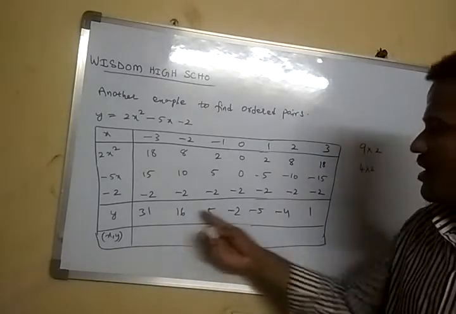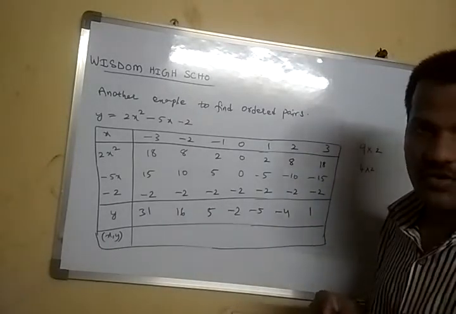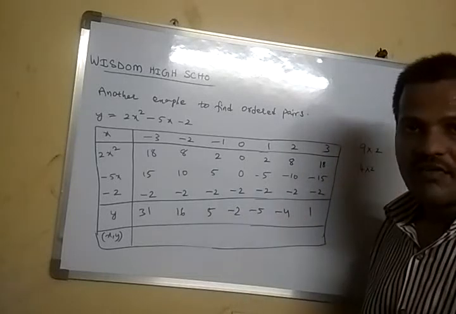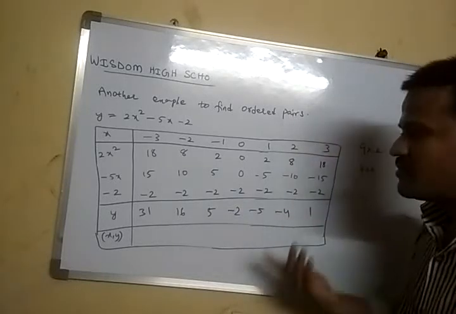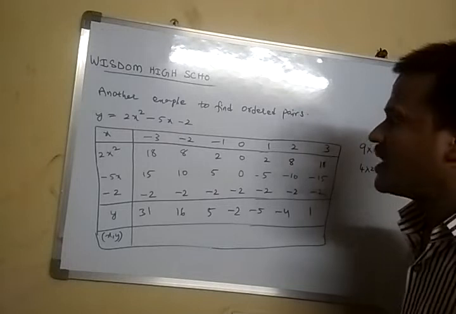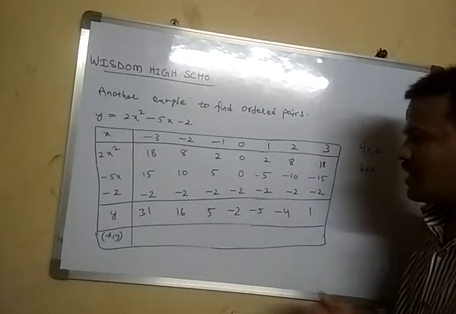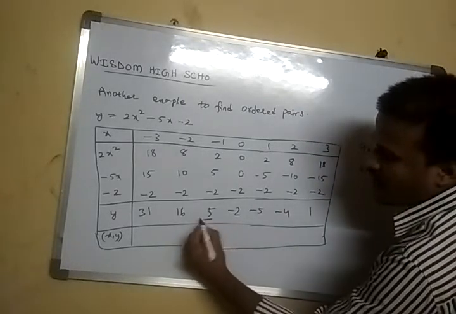So here you are not getting the y value as 0 anywhere. Sometimes you may not get zeros. By drawing a graph, if you observe, here 5 is there, here minus 5.